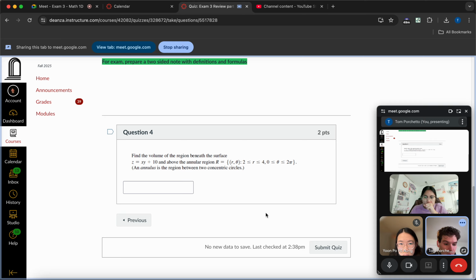So when we integrate with respect to r, we treat r as a variable. So we end up with 120 pi for the final answer.